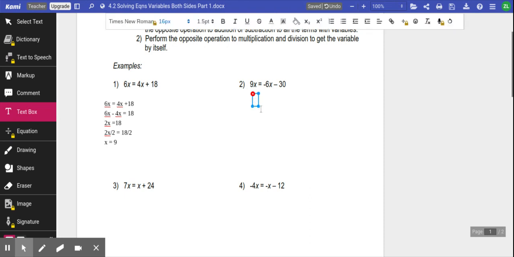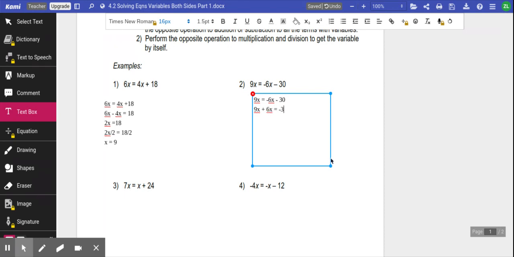So the next one here, if we continue with it, we have 9x equals negative 6x minus 30. Once again, if we want the x's on one side, we have to bring over that negative 6x. Since it's negative on that side, if we bring it over to the other, it becomes positive 6x.